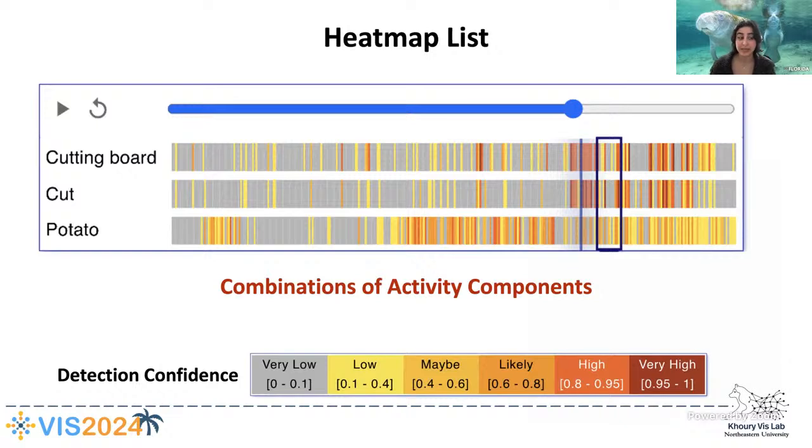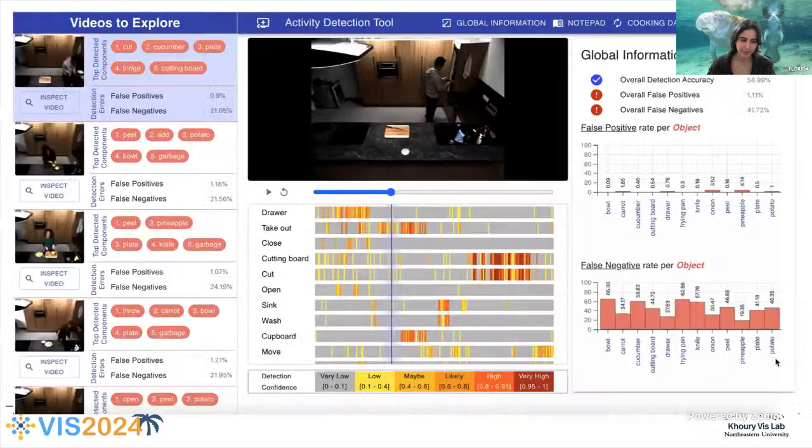These heat maps can be considered separately for each of the vocabulary items, or in combination to form an activity and investigate whether that activity is happening or not. This kind of information can also help users decide which parts of the video to look at for more detail. So let me demonstrate this quickly in an example.